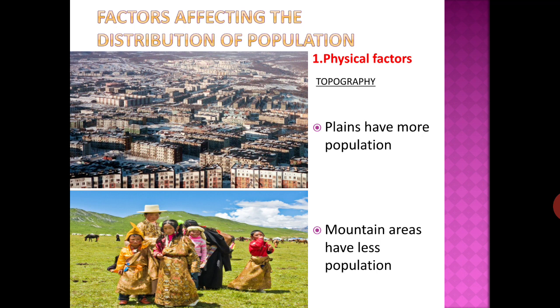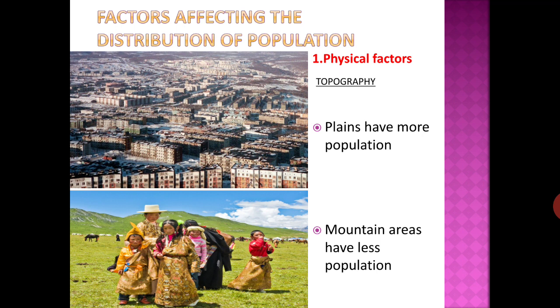Distribution of population means how many people are living in which place, and the factors affecting the distribution. Because of these factors, the population is more or less. These are physical factors, economic and socio-cultural factors, and historical factors.